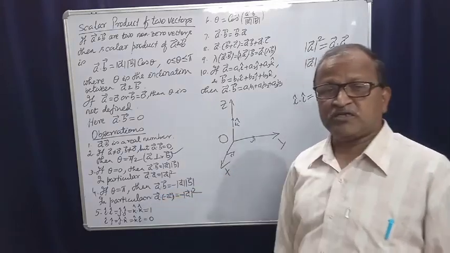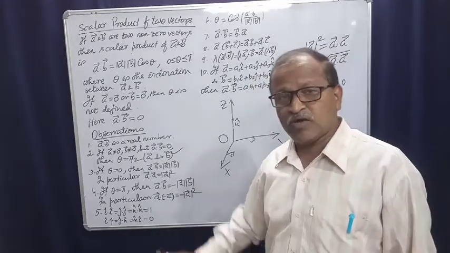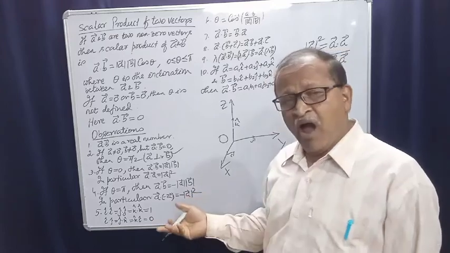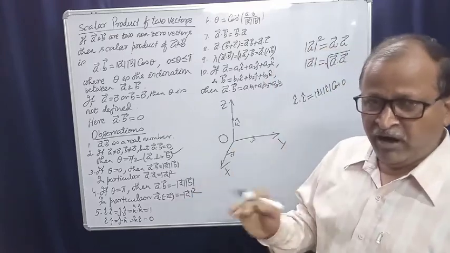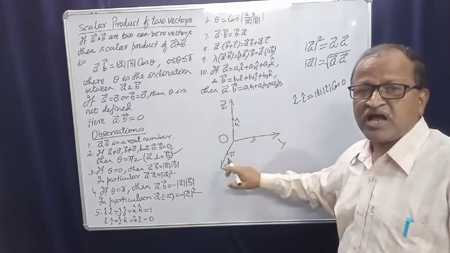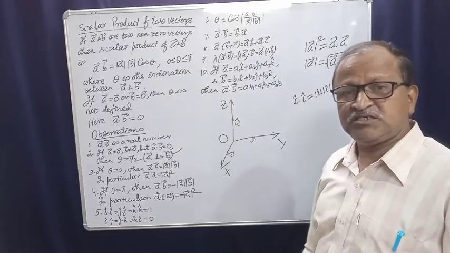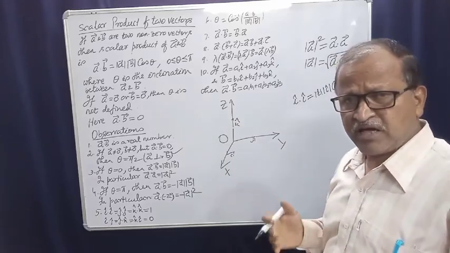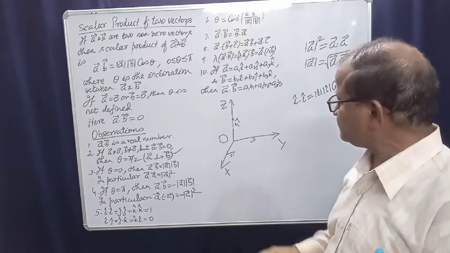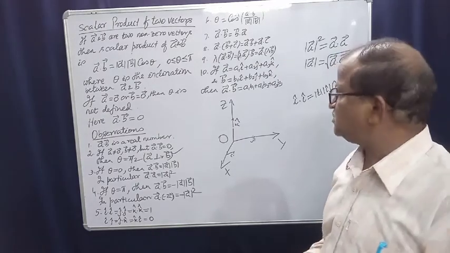Similarly, j cap dot j cap is 1. K cap dot k cap is also 1. But what about i dot j? They are perpendicular to each other, so i dot j will be 0. J dot k will be 0 because they are perpendicular. Inclination between them is pi by 2 and cos pi by 2 is 0. K dot i similarly is also 0.